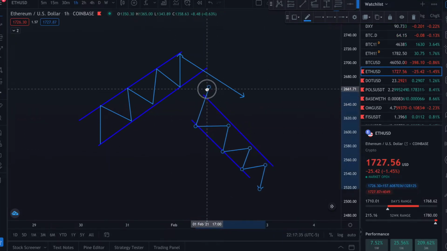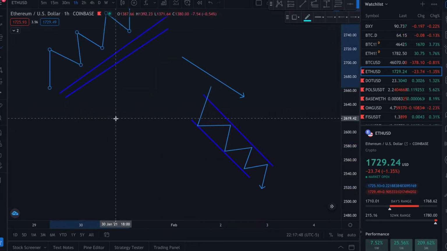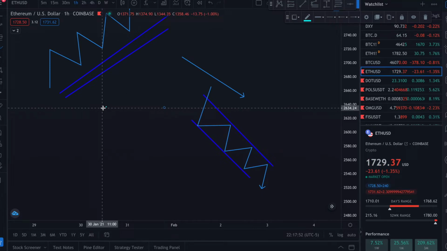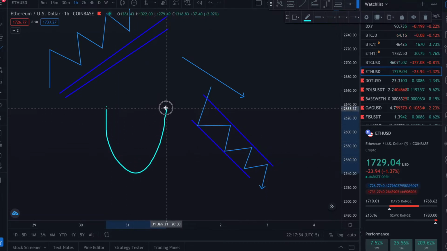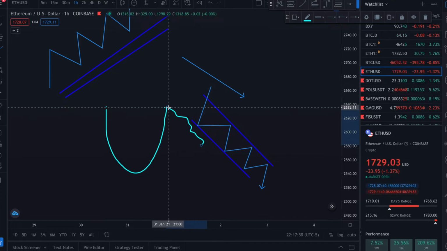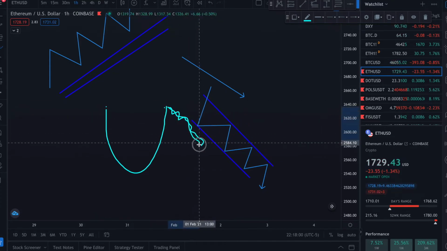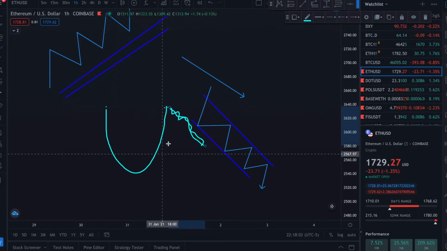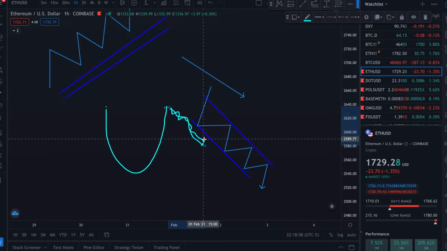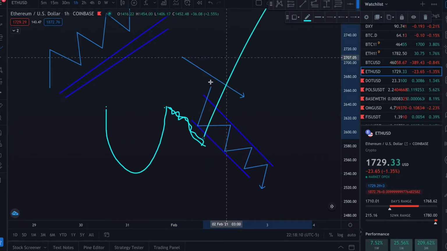Sometimes you have something such as, let me just do it. So you have something called a cup and handle, right? That's a horrible drawing, right? But you have this cup here and you have a downward channel. Now, after this downward channel, it usually goes up like this.